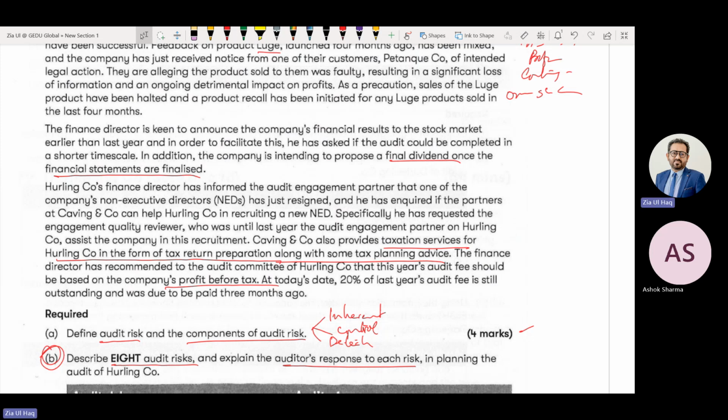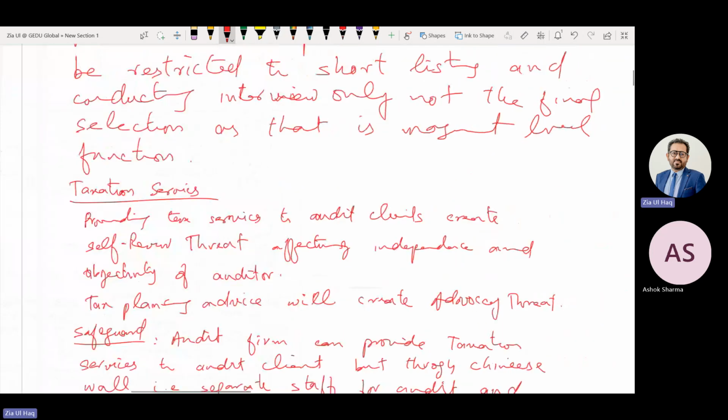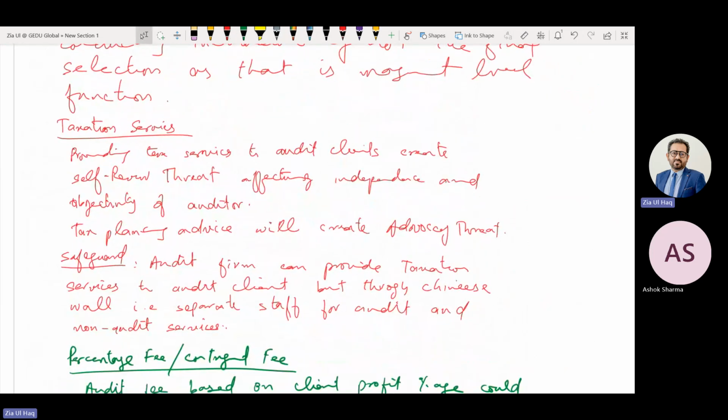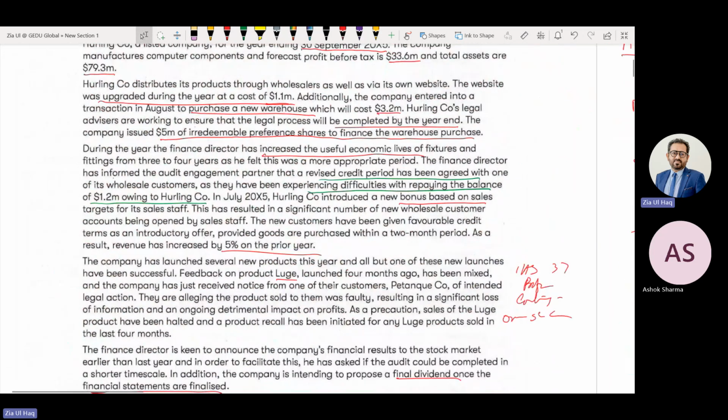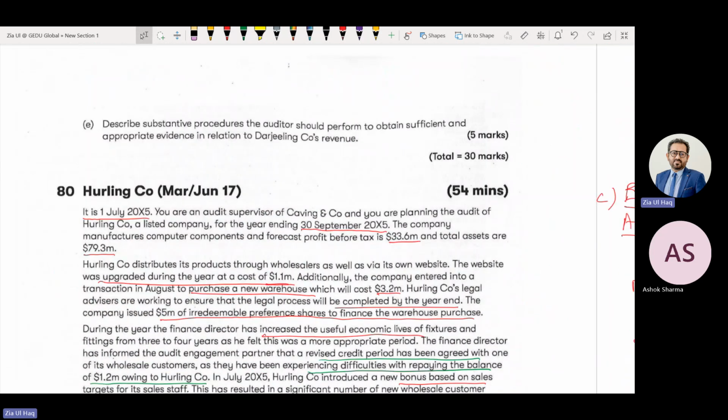Non-executive director, we have identified appointment of non-executive director. Taxation services we have identified. Audit fee based on percentage we have identified. Here we have written down under one issue two threats as well. So this will be counted as a fifth one. Or if you move towards the start of the question, there could be some information.